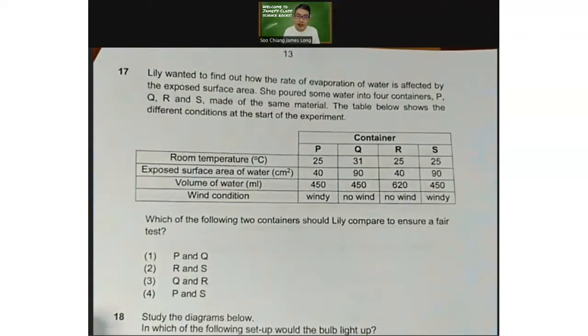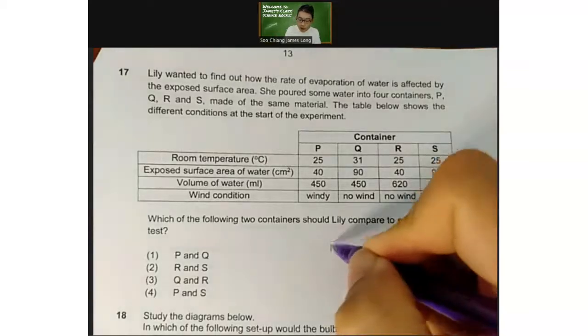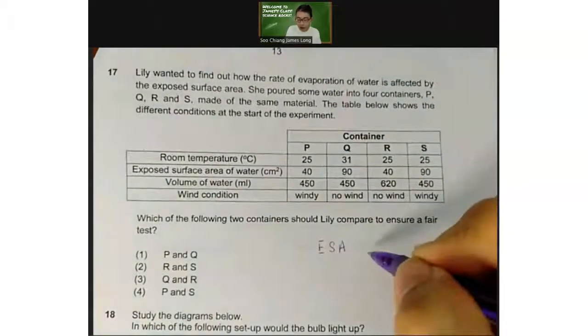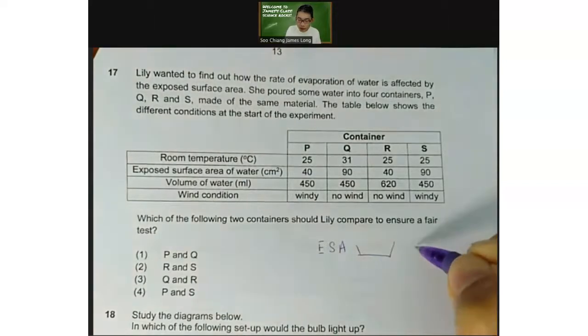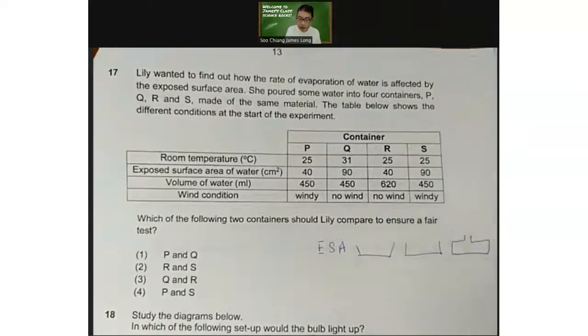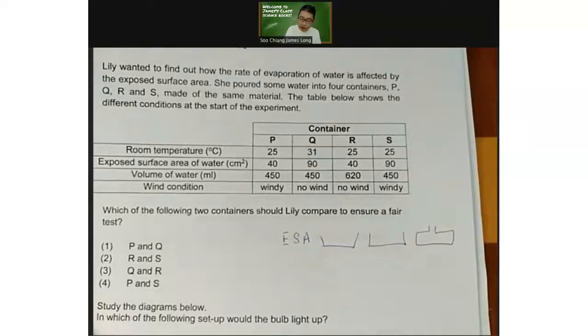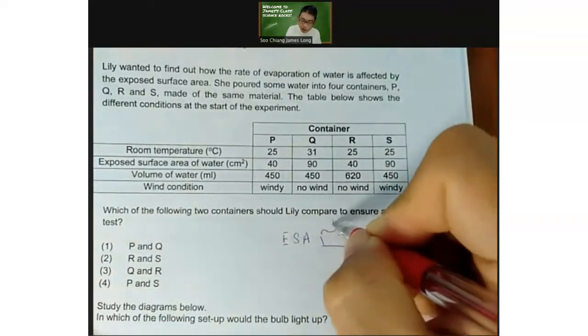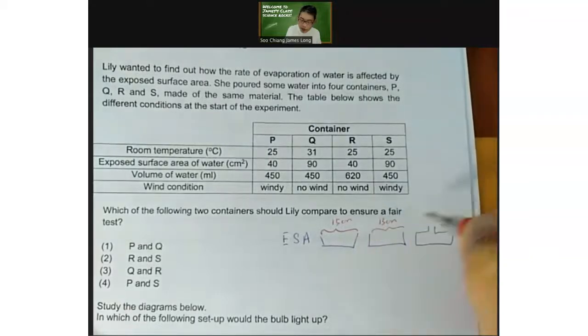Let's talk about rate of evaporation. There are a few factors that affect the rate of evaporation. Let's recap. The one they talk about is exposed surface area. For example, if I give you a container like this, or like this, or like this, and if I tell you this one here is 15 cm, this here is 13 cm, this part here is 1 cm.